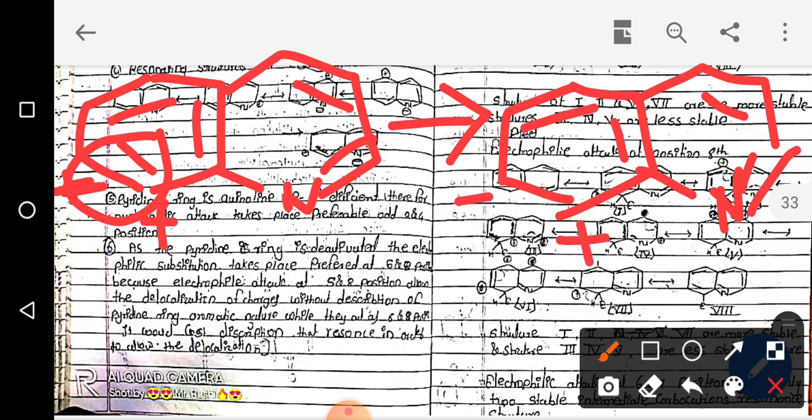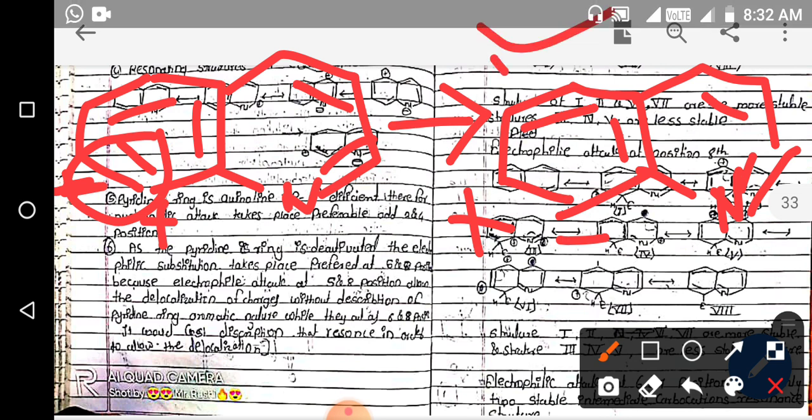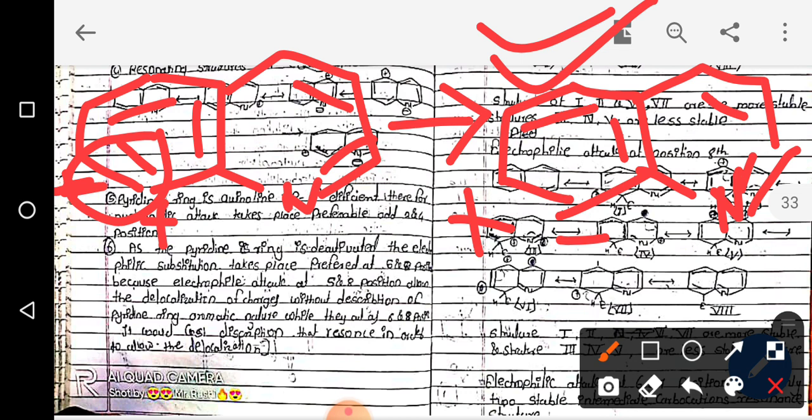It may be possible like this, so you can take negative and positive also. But decide on which side we are going to add the electrophile. Depending on that, we decide where we have to give the charges. So this is the best, because the negative charge is on position 8. So here the electrophile is going to be added.